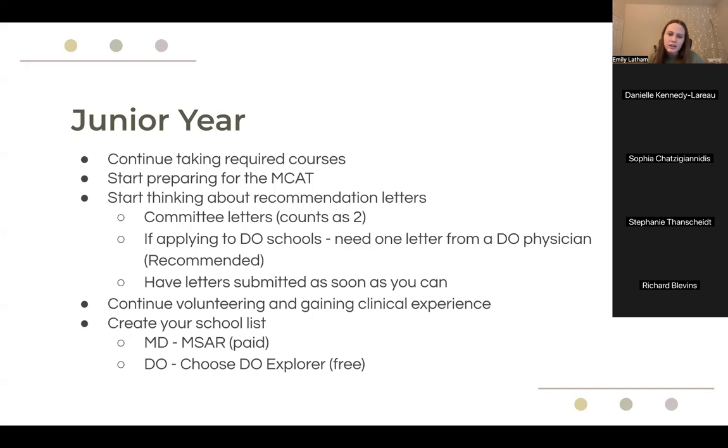And for DO schools, there's Choose DO Explorer, which is free. Or if you already know where you want to apply, you can just go to those specific websites and read up on their schools there.